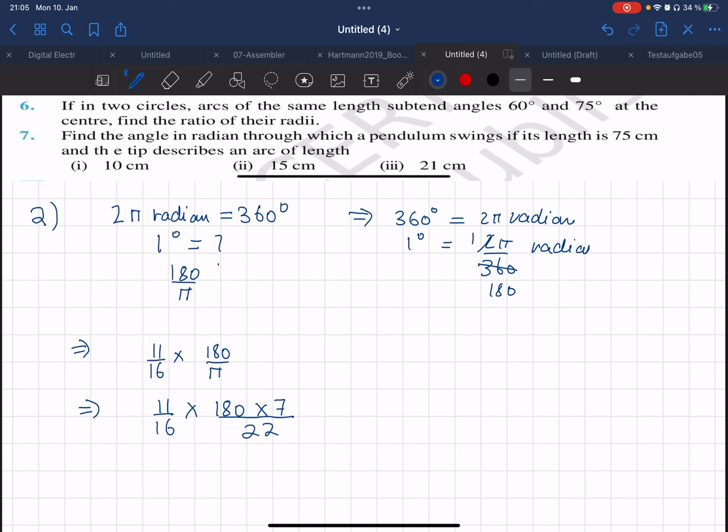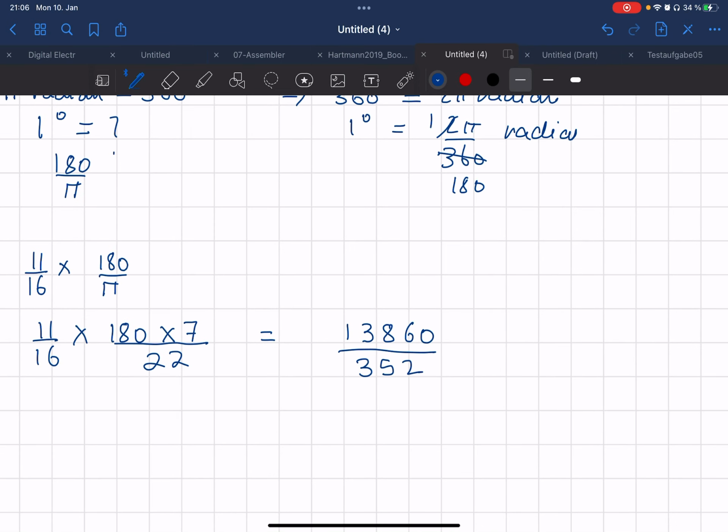I'll use my calculator because I don't have much time in these videos, and it's easier to multiply these big figures. 11 times 180 times 7 is 13,860 and 16 times 22 is 352. Now we can divide 13860 by 352.